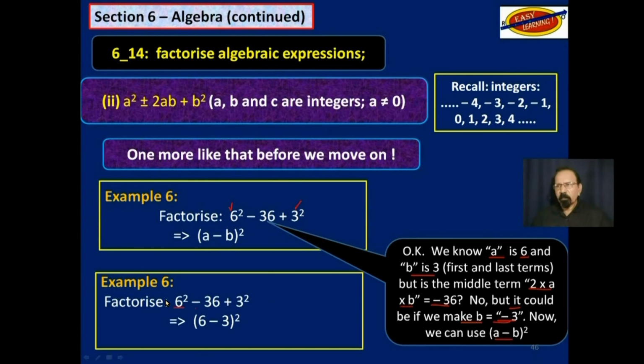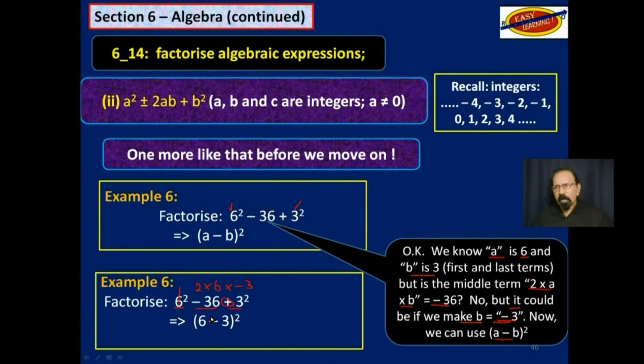6 squared minus 36 plus 3 squared. This 36 here is 2 times 6 times negative 3. And so we have, instead of plus here, if we multiply that negative twice, we will get positive here.